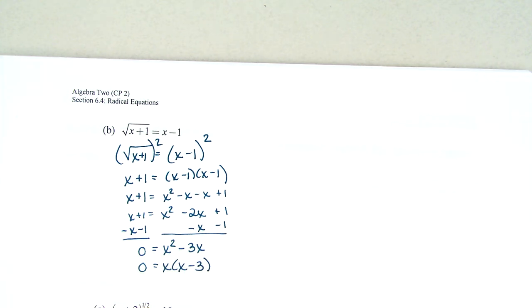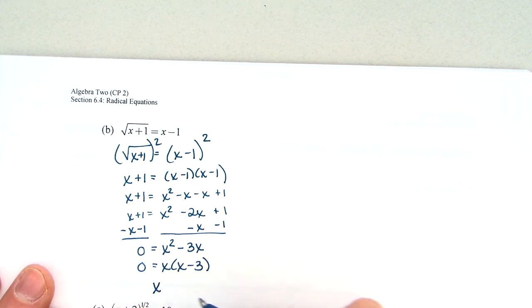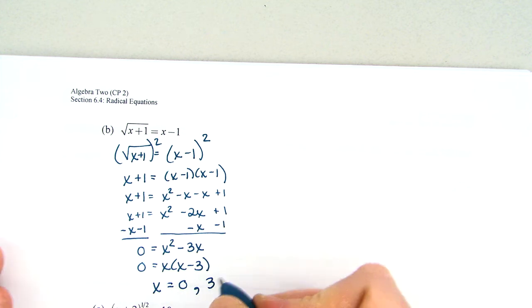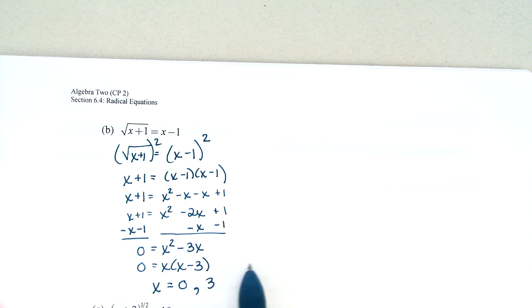It's factored for us. Zero and 3. Our factoring in this case was just GCF type factoring. If there was a number at the end, you do your multiply to the last number, add to the middle. We'll see some of those in a moment. But I've got two answers from this, 0 and 3.